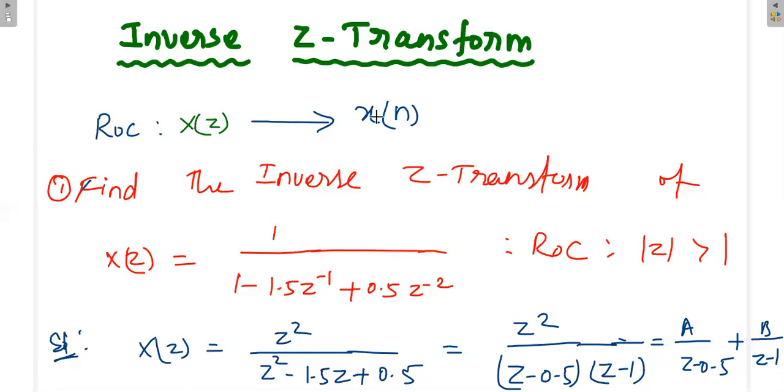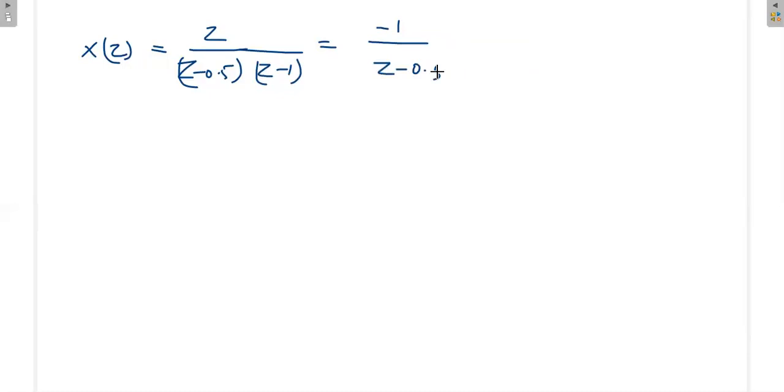So now directly I'll write, x of z is equal to, the a value is minus 1, so minus 1 divided by z minus 0.5, the b value is 2, 2 divided by z minus 1.